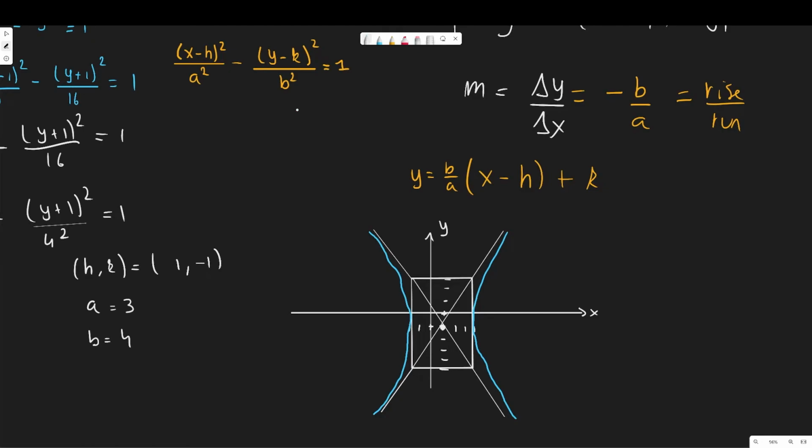And once again, if you want to know what our asymptotes are, well, we know that the equation is b over a, which is 4 over 3, times (x minus h), which is 1, plus k, which is negative 1.